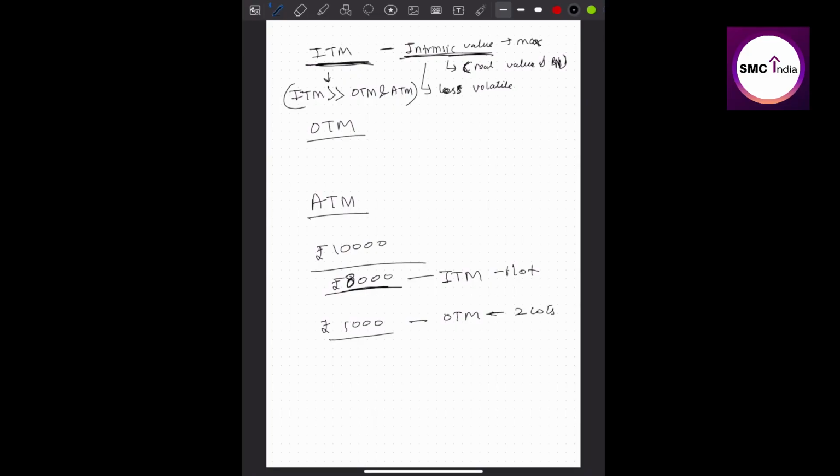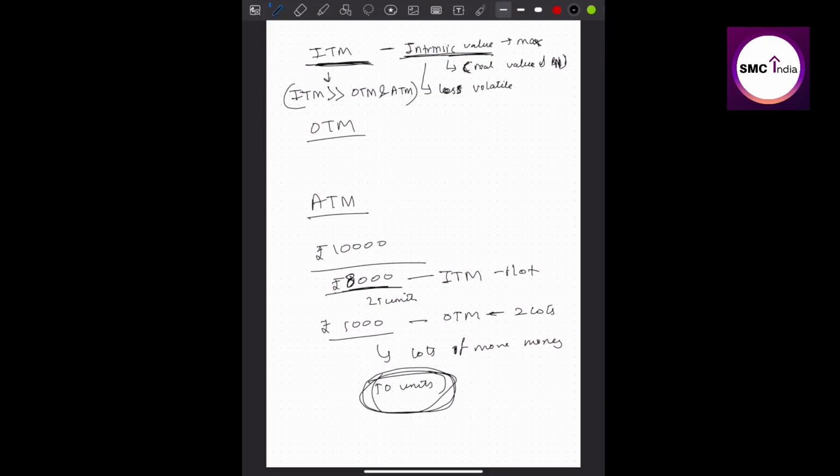Now if the trade goes in their direction, trader B will make a lot more money, because he has 50 units and this guy has only 25 units. No matter the time decay, there will be time decay, but the units are absolutely double. He will make a lot more money than trader A.